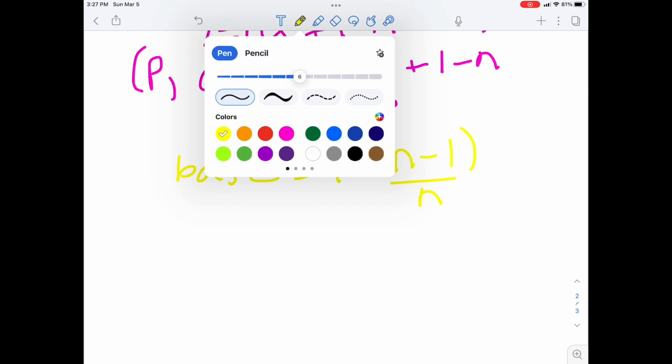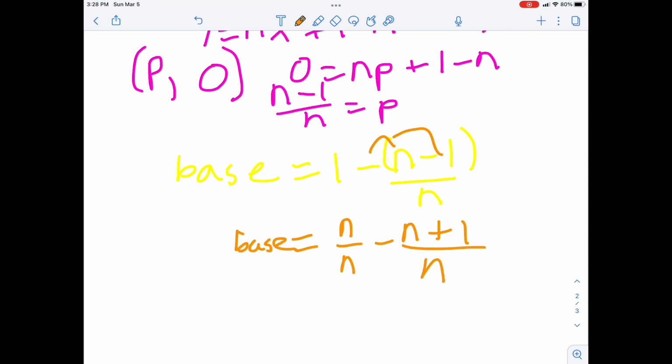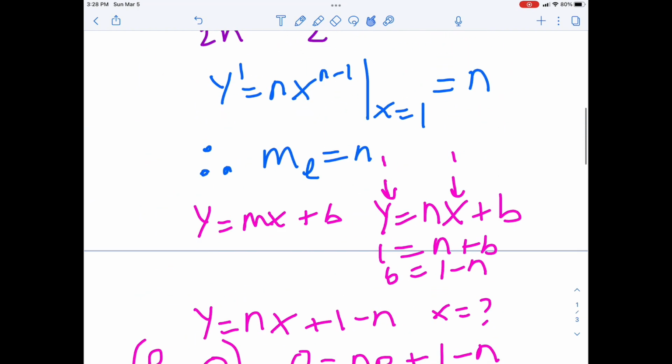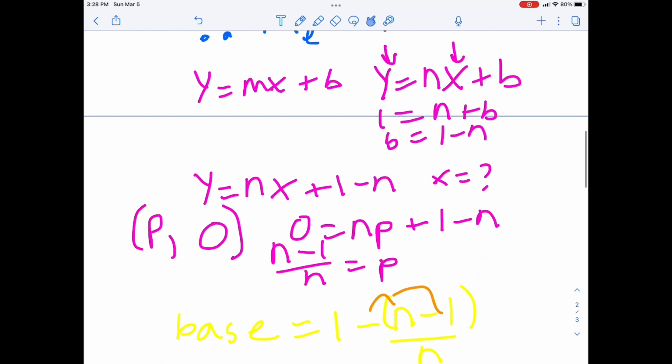I'm going to change colors because I think that yellow is a bit hard to see. So therefore, I get n over n minus (n minus 1) over n, I'm just going to distribute this negative, so it's (n minus n plus 1) divided by n equals our base. And so then I get that the base equals 1 over n. And so this actually is what we were looking for. That's what we wanted to prove.